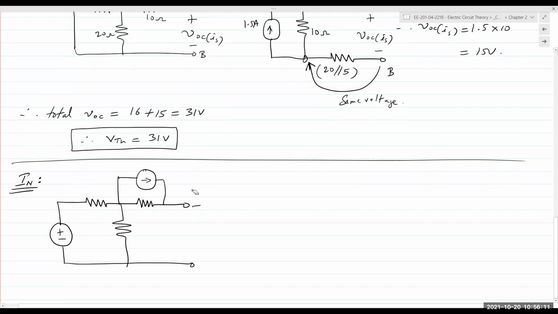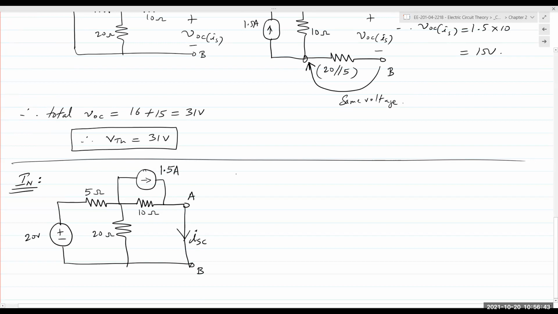Let's do A and B. 5 ohms, 10 ohms, 20 ohms. And of course, current needs a pathway to flow through. So need to have a short circuit current going from A to B. This is 1.5 amps, right? 1.5 amps.